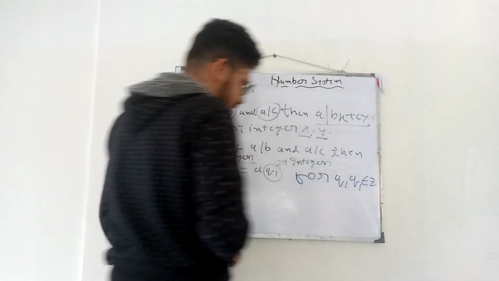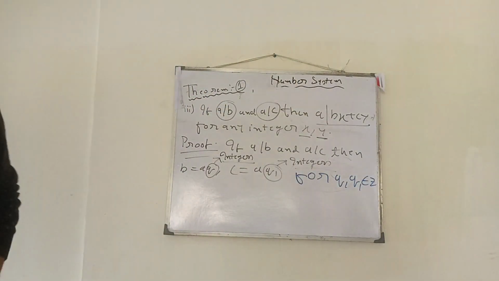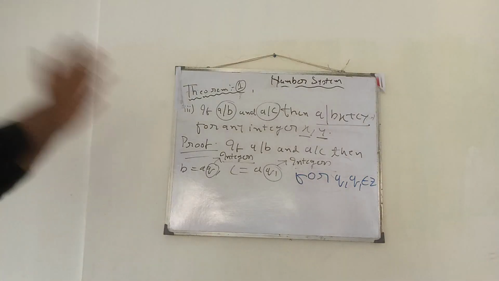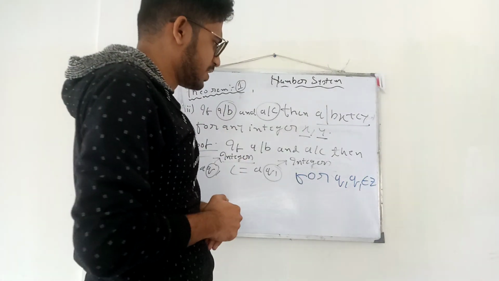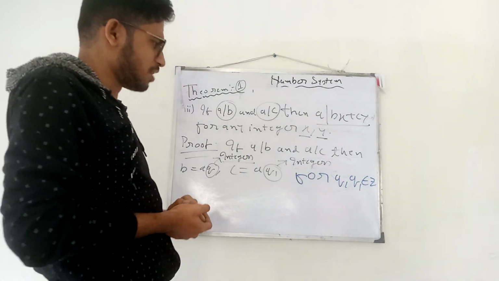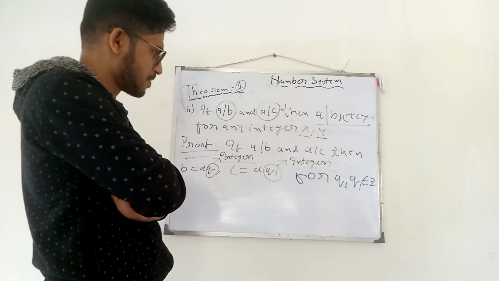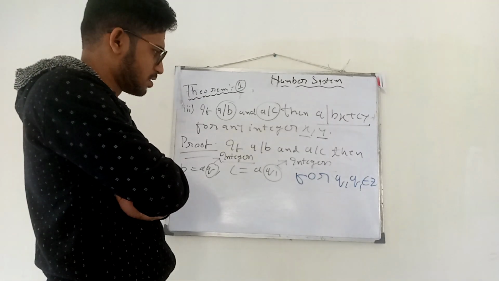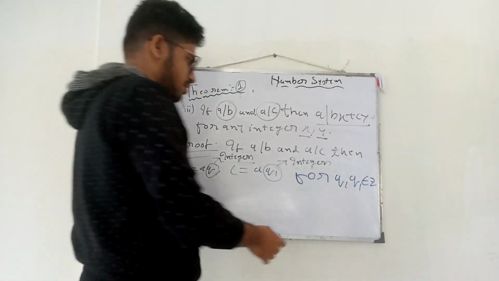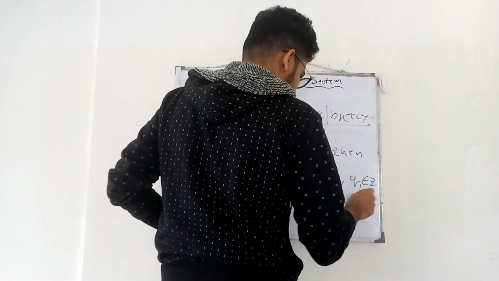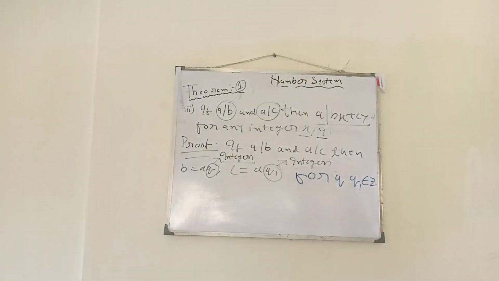What is the meaning of this Z? Z denotes the integers. It doesn't matter. These q and q1 are all integers.